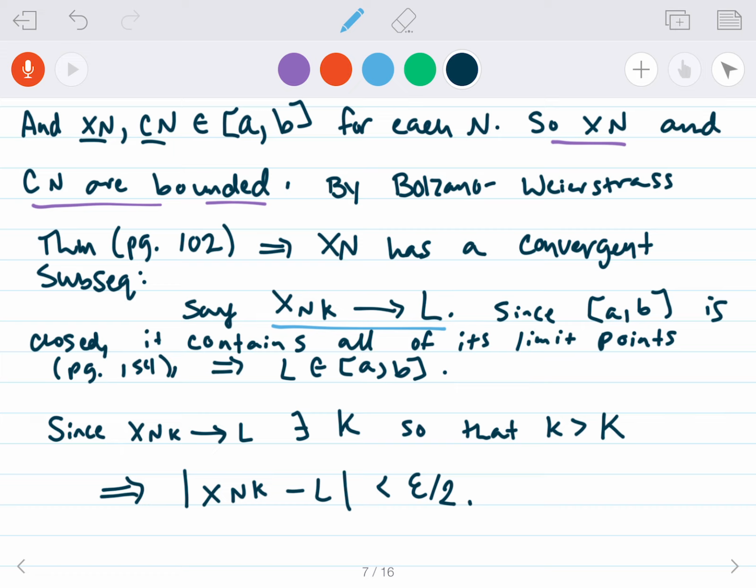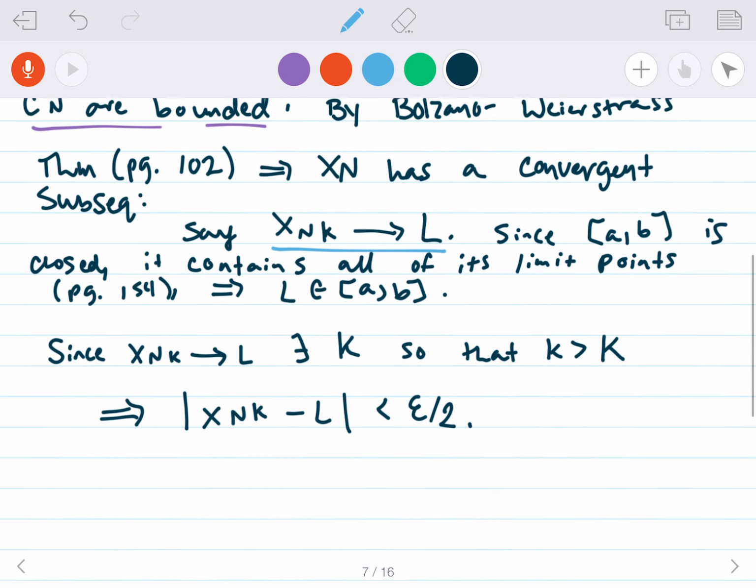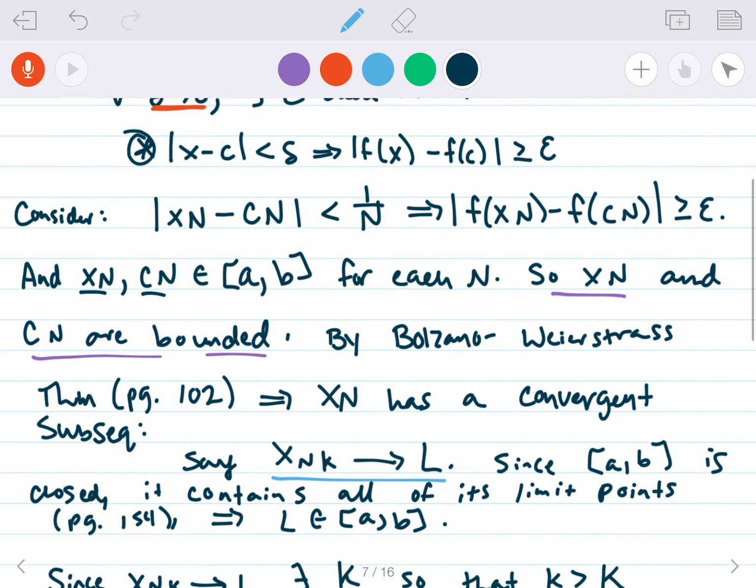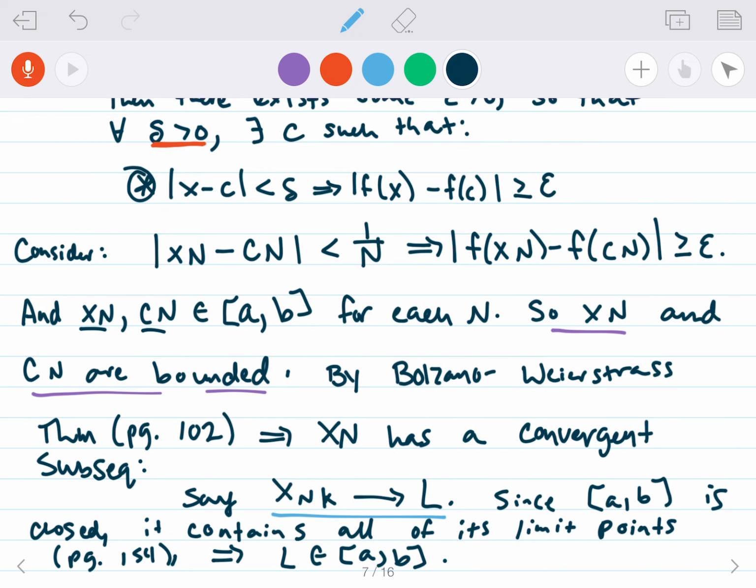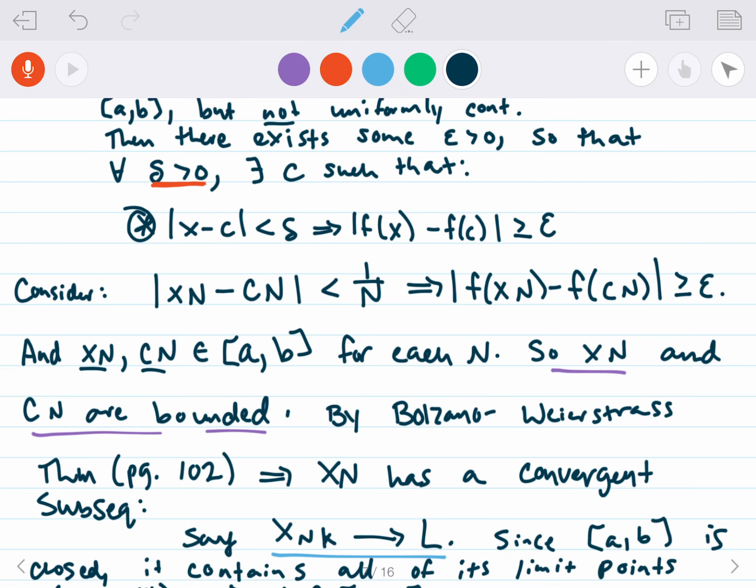I'm purposely choosing epsilon over 2 because we're going to do our famous epsilon over 2 trick here. Okay, and so I'm going to label this star right here.